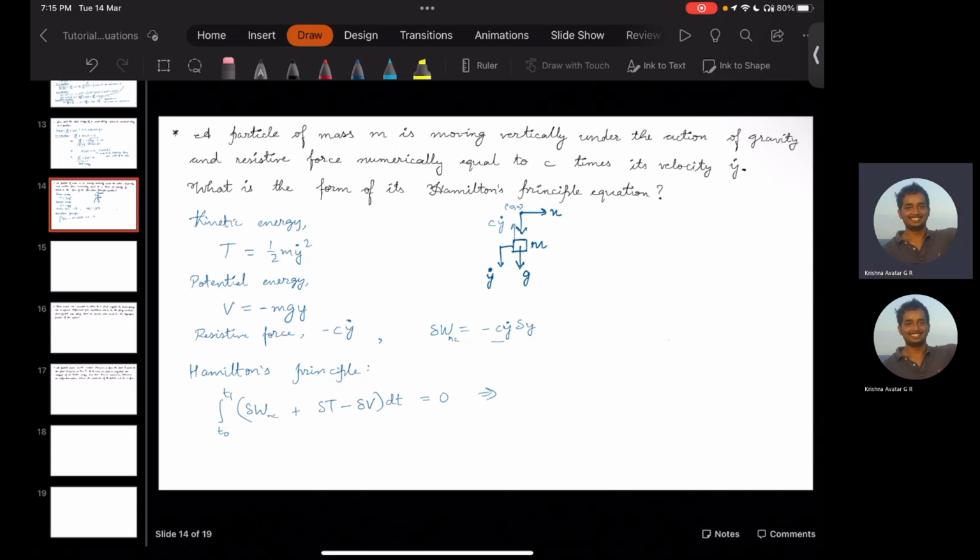Okay. So here there is a work done by the surroundings on the body, right? So it is minus c y dot, yeah, so minus c y dot del y. So this is consistent.